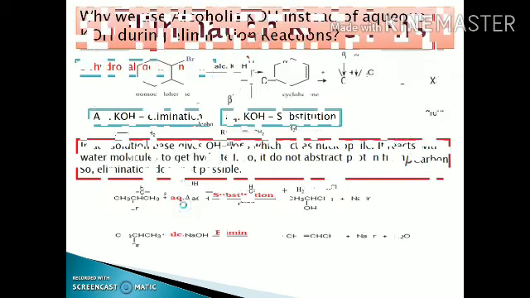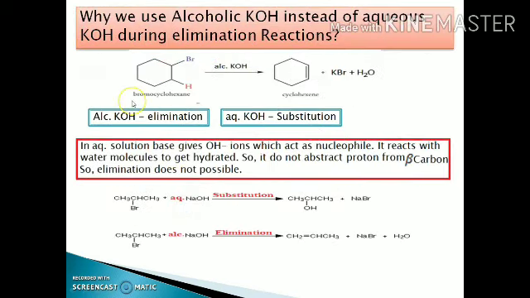Why do we use alcoholic KOH or an alcoholic base instead of an aqueous basic solution during the elimination reactions? This question is very important. During the elimination reactions, we have to use the alcoholic solution of the base instead of the aqueous solution.